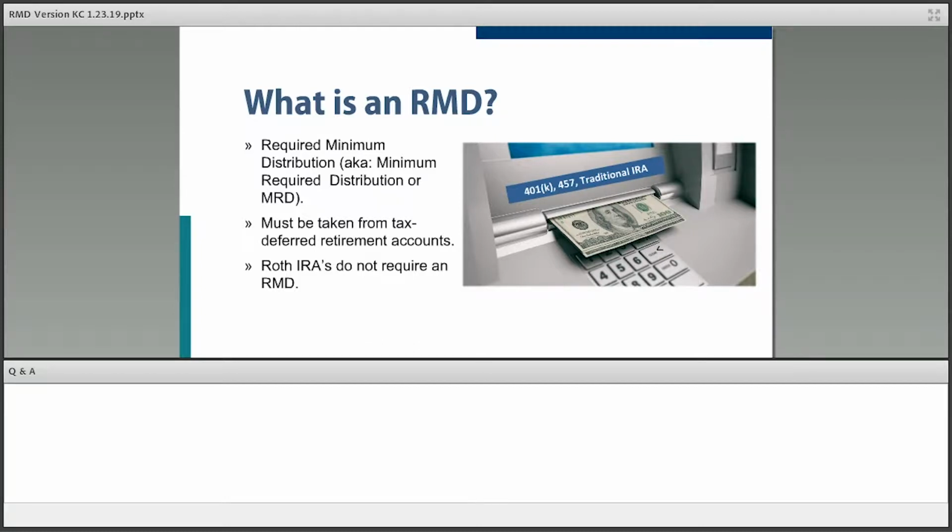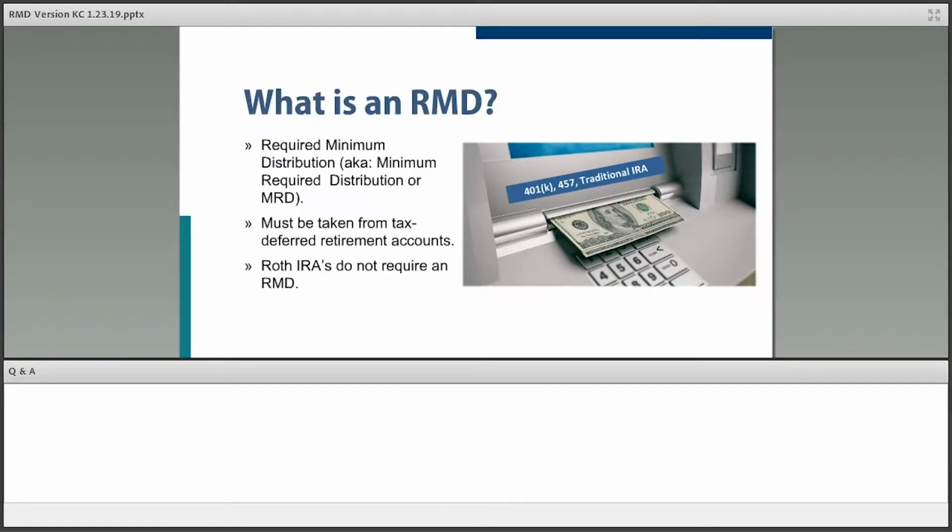But other times in the press or in financial magazines or newspapers, you'll also hear the term minimum required distribution, or MRD. Those two terms are synonymous. The one that we use here at Utah Retirement Systems is RMD, or required minimum distribution.